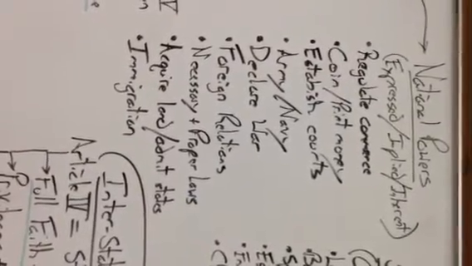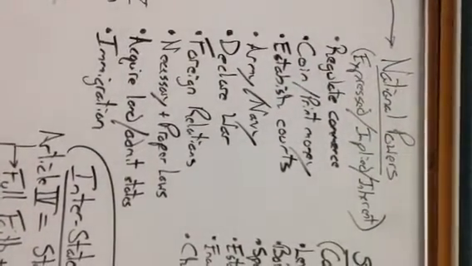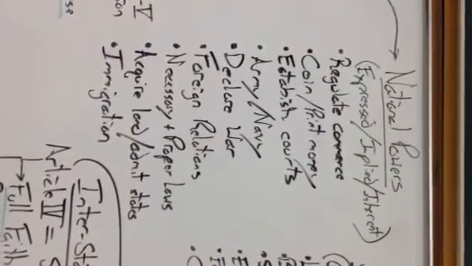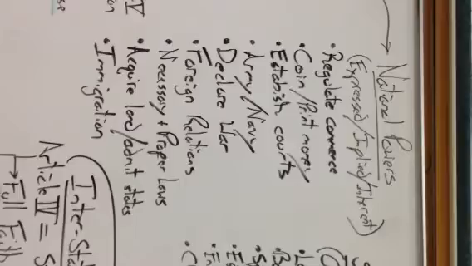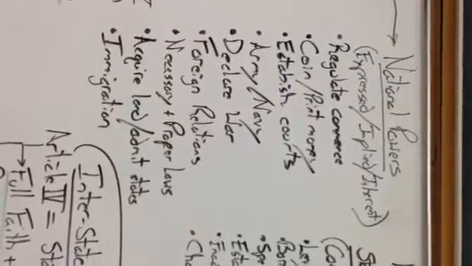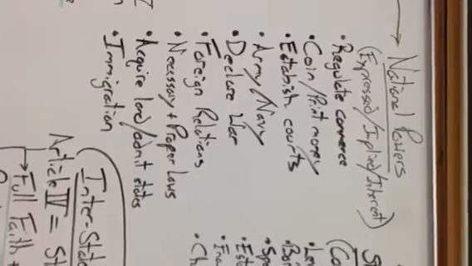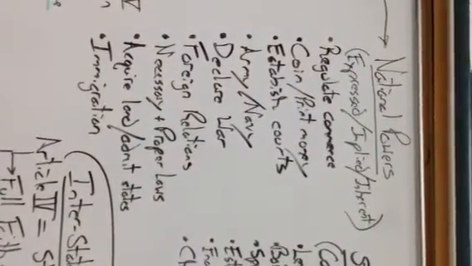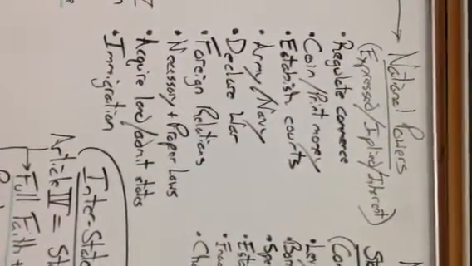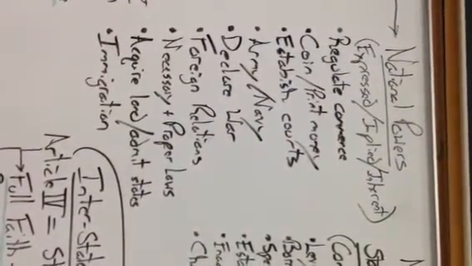The national government can coin and print money. They can establish courts. They can create an army and a navy to protect the country. They can declare war on foreign countries. They can establish and hold on to foreign relations. Like we already mentioned, with the necessary and proper clause, they can establish all laws necessary and proper to carry out their other powers. They can acquire new lands and admit new states into the Union, and they are supposed to be in charge of immigration.